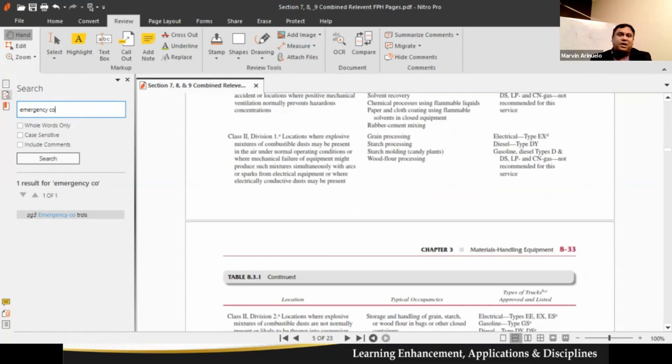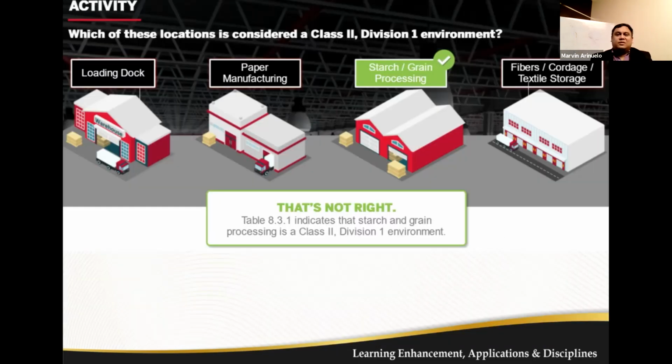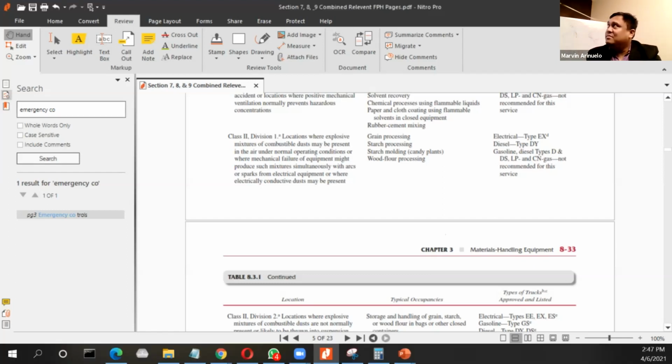Loading dock, paper manufacturing, and fiber cordage, textile storage are examples of Class 2 Division 1 environments, except for starch or grain processing. Yes, starch processing. So this is Table 8.3.1.